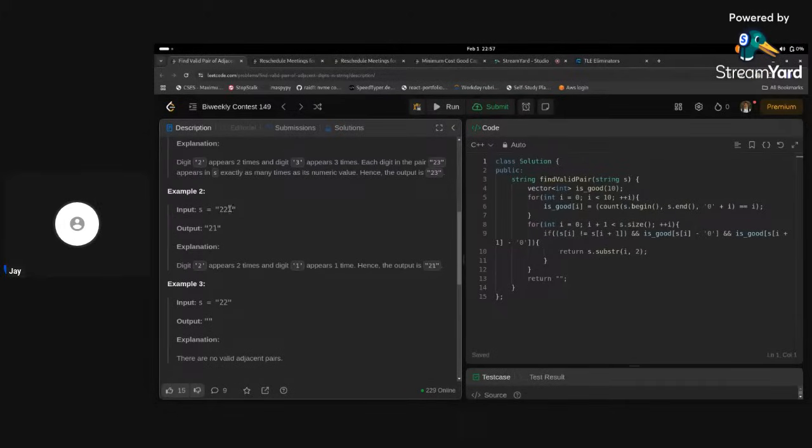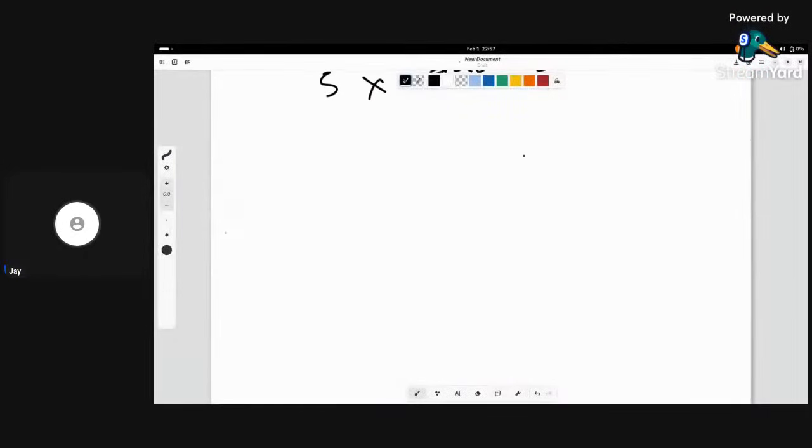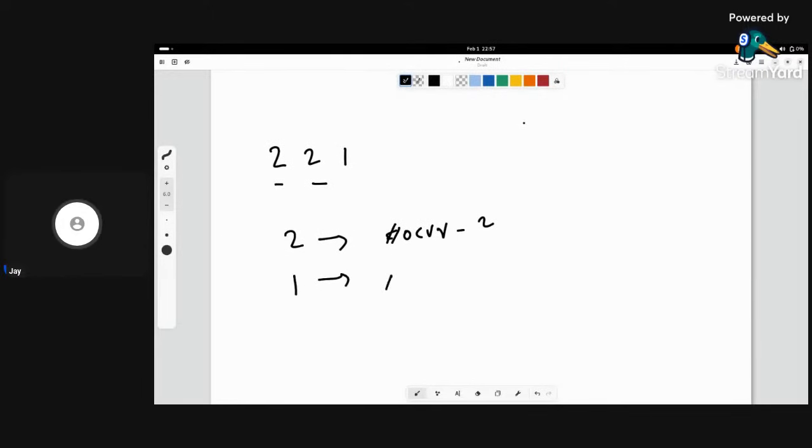Let's take the second test case just to be clear where things won't work out. Over here, 2 occurs twice, like 1 and 2. 1 occurs once. So the number of occurrences of 2 is equal to 2, so 2 can be part of a pair. The number of occurrences of 1 is equal to 1, so 1 can be part of a pair.